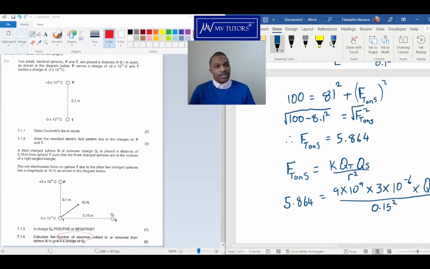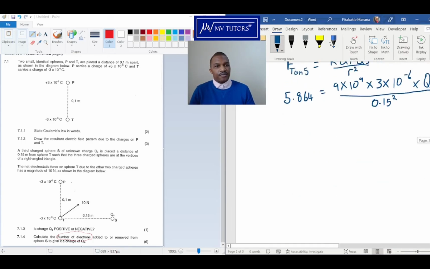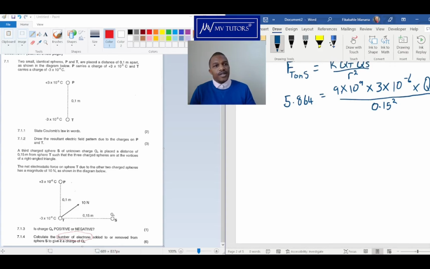Now we're just going to do some mathematical gymnastics really to solve for QS. I'm going to take all numbers to this side, so it's going to be 5.864 times 0.15 squared, cross multiplying, divide by this one here, which is 9 times 10 to the power 9 times 3 times 10 to the power minus 6.